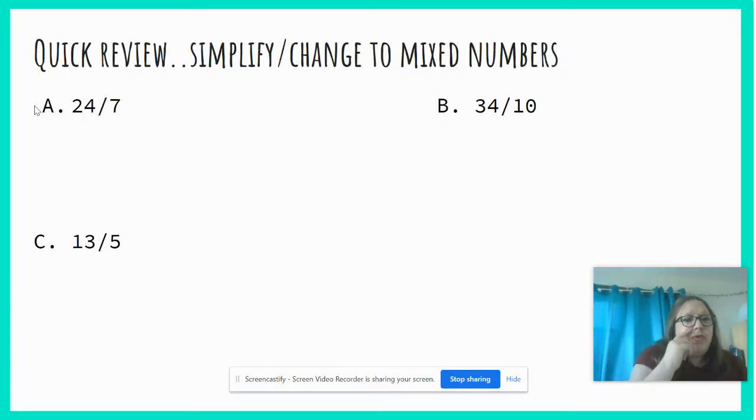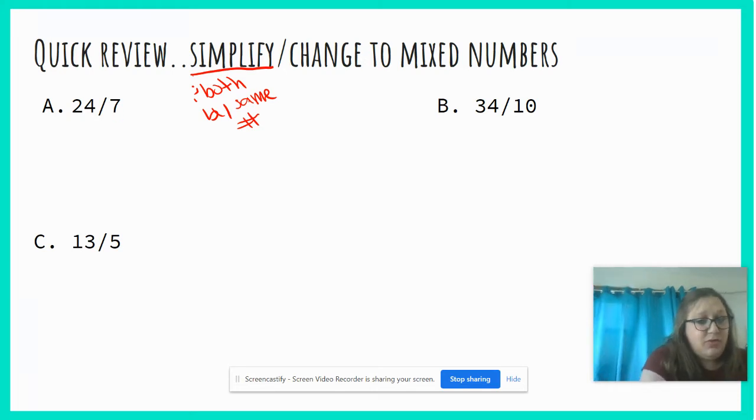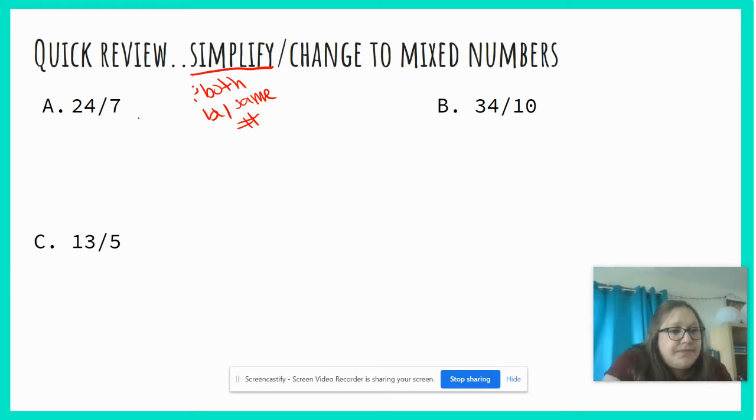So I just want to do a little quick review on simplifying and changing things to mixed numbers. So if I have 24/7 here, to simplify means to divide both terms by the same number. And if I'm looking at 24 and 7, those do not have a common factor because 7 is a prime number and it doesn't go into 24. So we can't simplify this, but what we can do is change this to a mixed number.